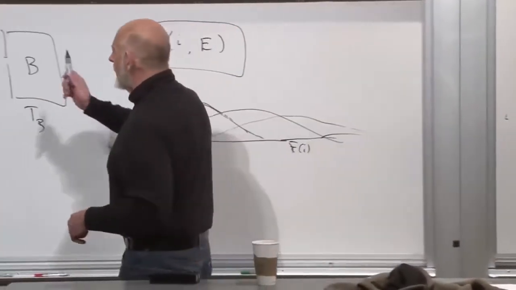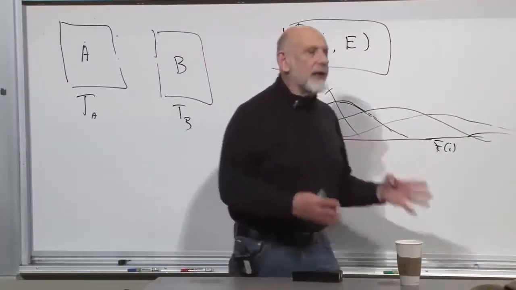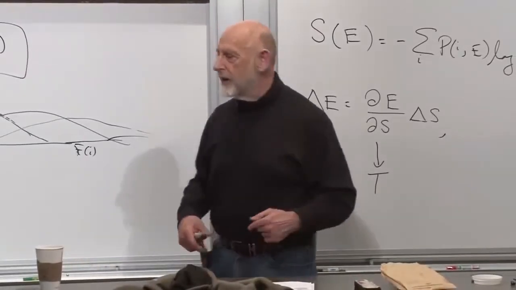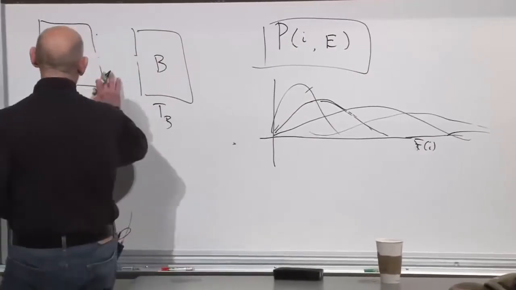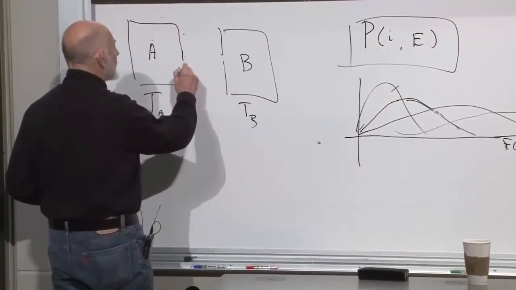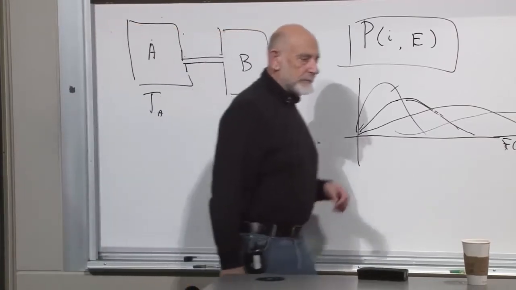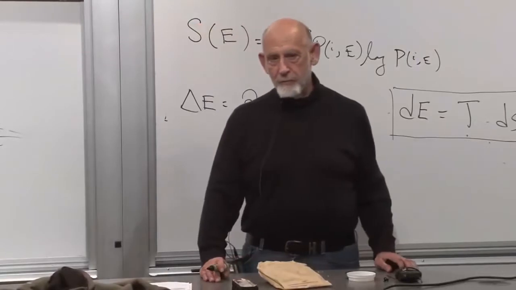But each one of these boxes has been prepared with a given temperature by whatever it takes. And now we connect them, which simply means allowing them to interact with each other and exchange energy back and forth. Which way does the energy flow?